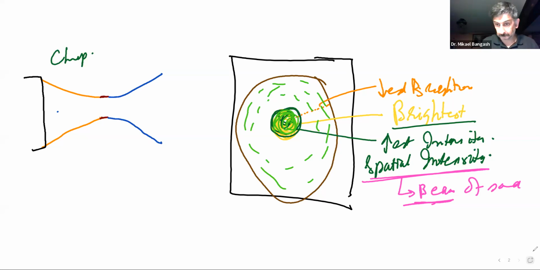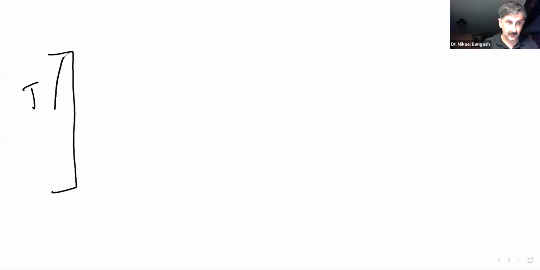Okay. So let us look at it in this way. This was our transducer. And in this chapter, because we just started, we are going to study what is called the anatomy of a beam.